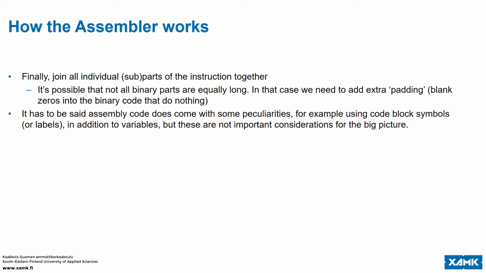Again, this depends on the actual instruction set. Assembly code does come with some peculiarities, for example code block symbols or labels in addition to variables. These could turn tricky in this translation, but this is not important to consider for the big picture.